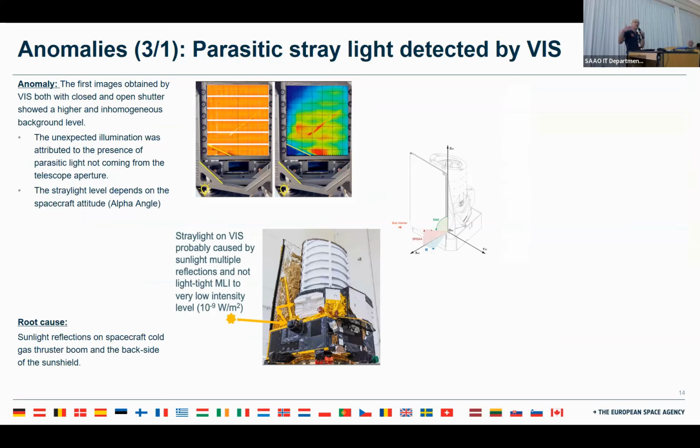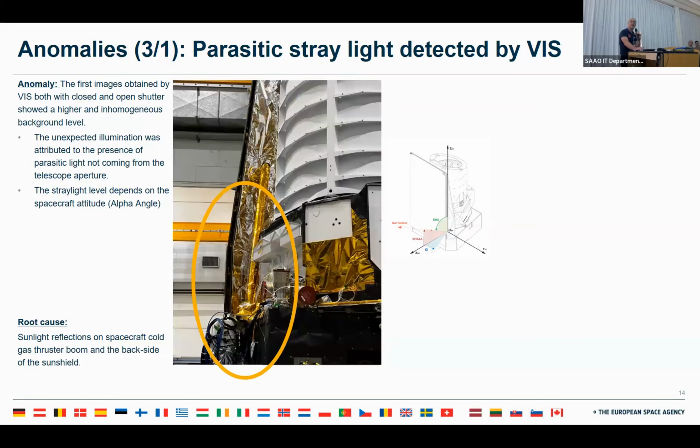It reflects light to the backside of the sunshield, and from the sunshield into the inside of the cold compartment where the instruments are. It's an extremely low flux, 10 to the minus 9 watt per square meter, but there's some small impurity, maybe a micrometeorite hit or just how the multi-layer protection was folded. Maybe there are some light paths which allow that.